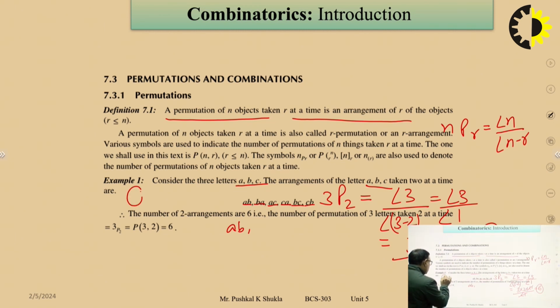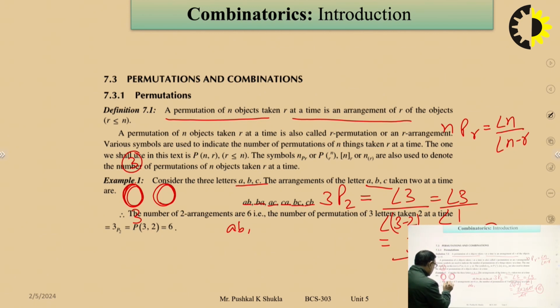This can be done in this way also. Two objects are taken at a time and there are three letters. What will be the possible ways of choosing one letter from the three? That is 3. And what will be the possible ways of choosing the second if repetition is not allowed, a distinct arrangement?